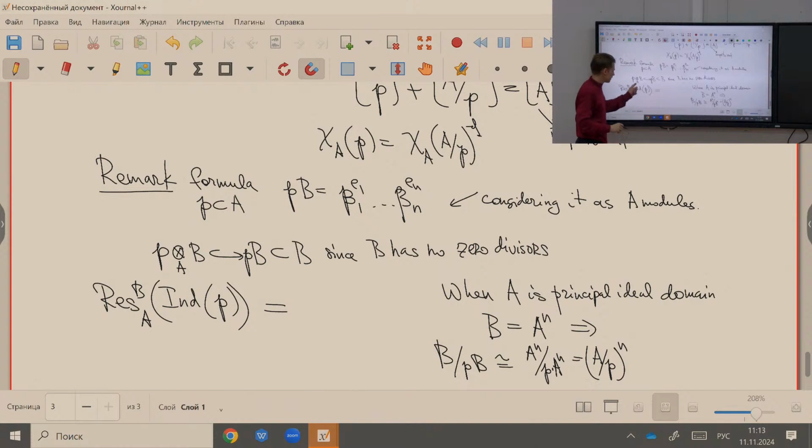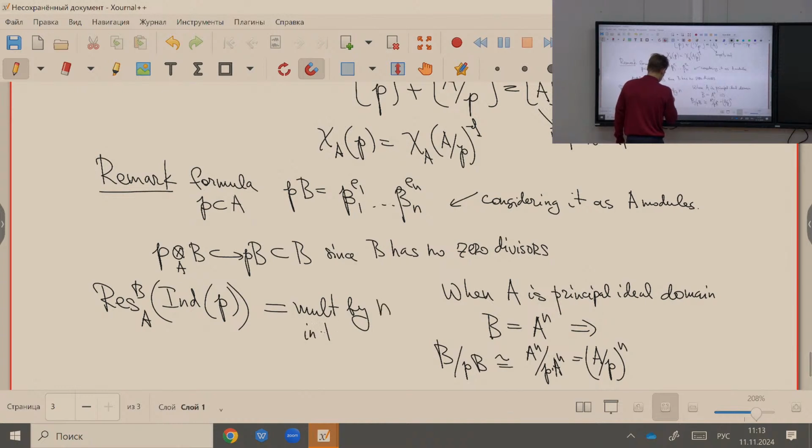So you see that induction and restriction is multiplication by n in this case.